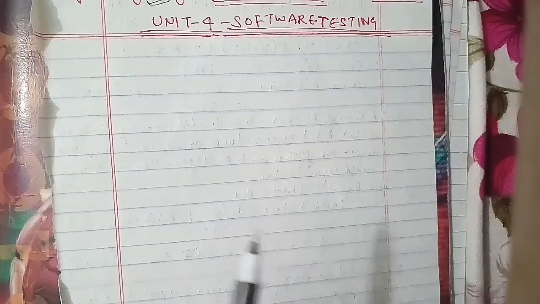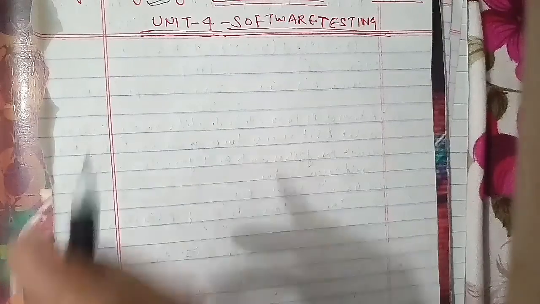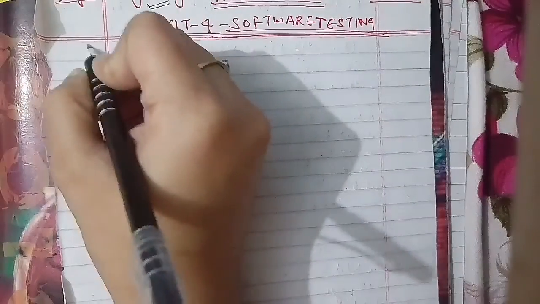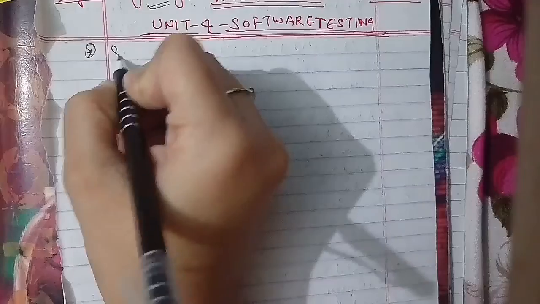So here we go ahead, and that's what we have to discuss, software testing. First we'll understand software testing, along with testing objectives. The first question that has been asked is: write a short note on software testing. That has been asked for 5 marks, and it is an important one. So let's first discuss all about software testing.